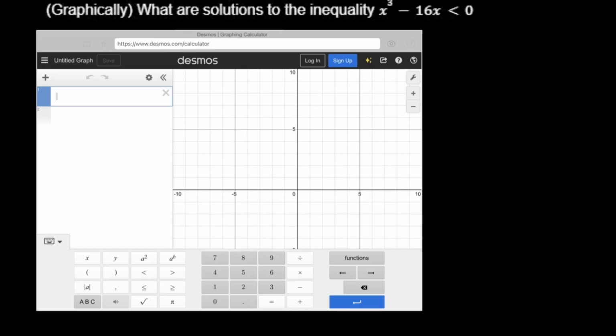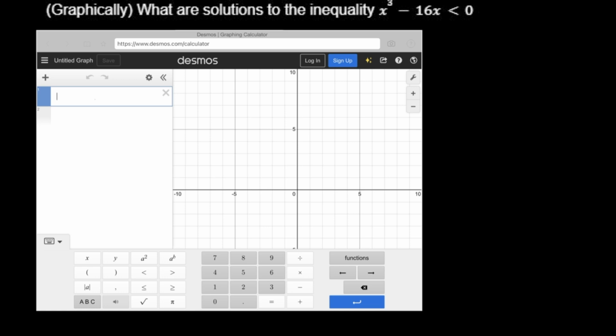Okay, in this example, we're going to be solving, or finding the solutions for, the inequality x to the third minus 16x is less than 0. We're going to be doing it graphically. In order to do it graphically, we're going to take the same approach as the previous one. We're going to graph both sides as its own equation.